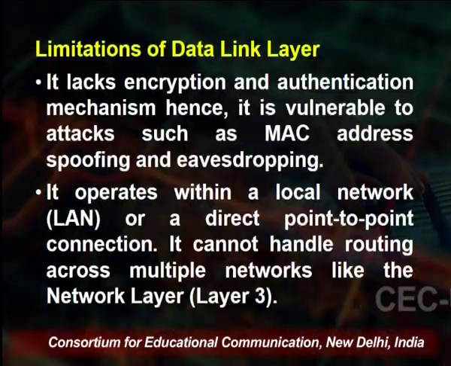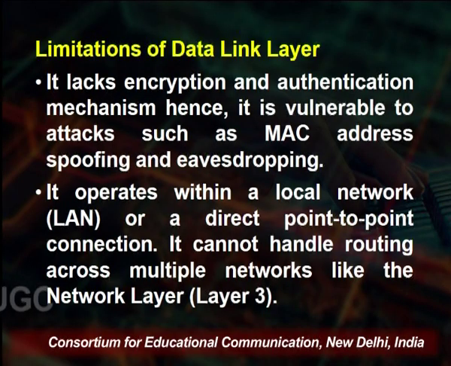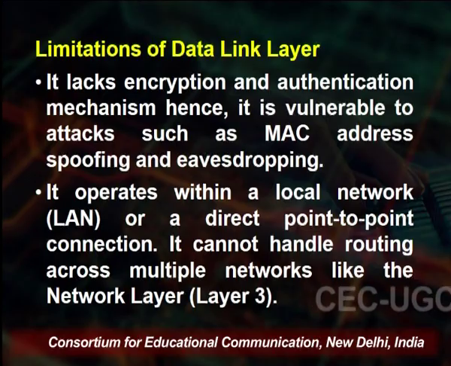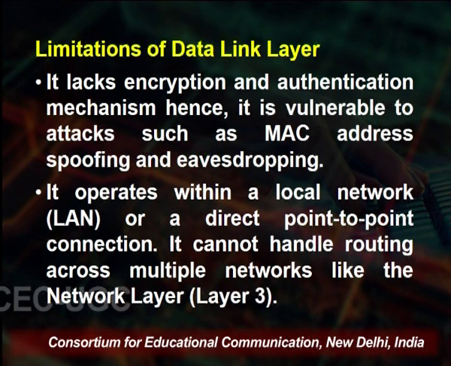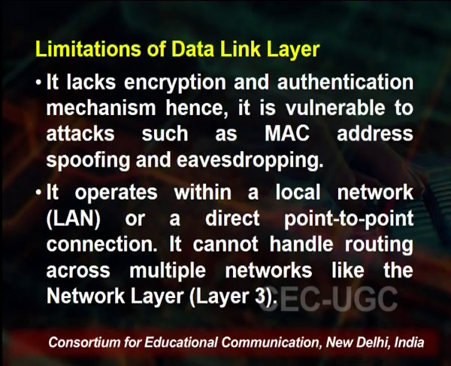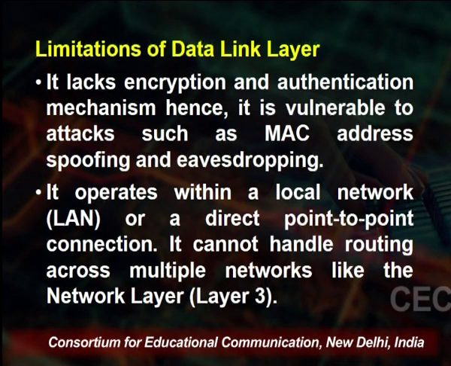It lacks encryption and authentication, hence it becomes very vulnerable to attacks such as MAC address spoofing and even eavesdropping. As I have told you, it operates within a local network or a direct point to point connection, so it cannot handle routing between multiple networks, because that happens at the network layer, which is layer 3.